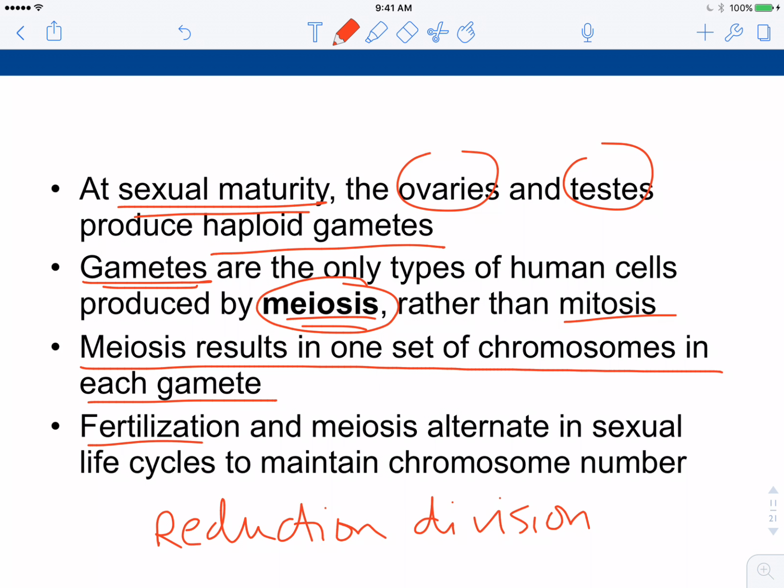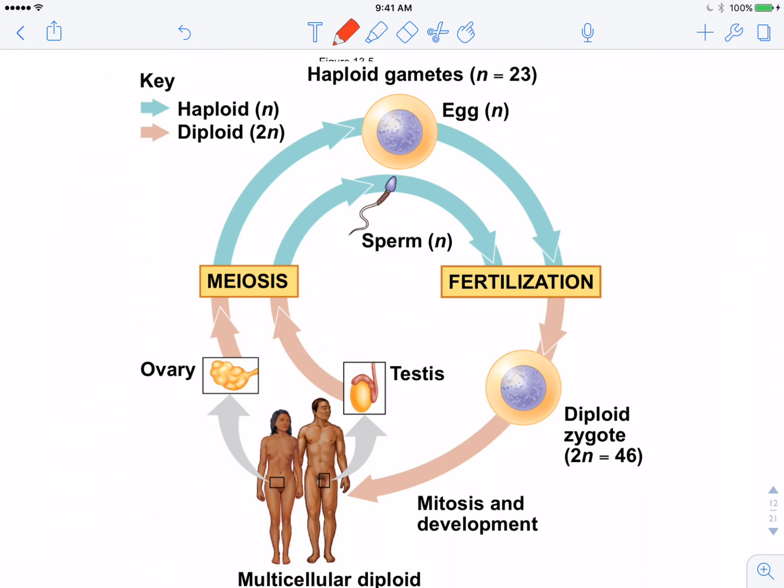And then fertilization and meiosis alternate in sexual life cycles to maintain the chromosome number. You go down to 1 set in meiosis, and fertilization brings 2 sets together. And then you go down to 1 set in meiosis, fertilization brings 2 sets together, and so on. And this is just a little diagram that shows how it works.